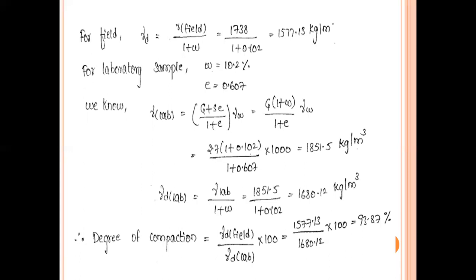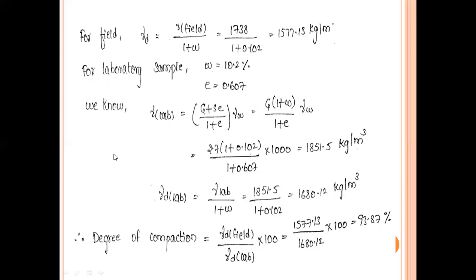So then substitute it in W: 1738 divided by 1 plus 0.102, that is equal to 1577.13 kg per cubic meter.